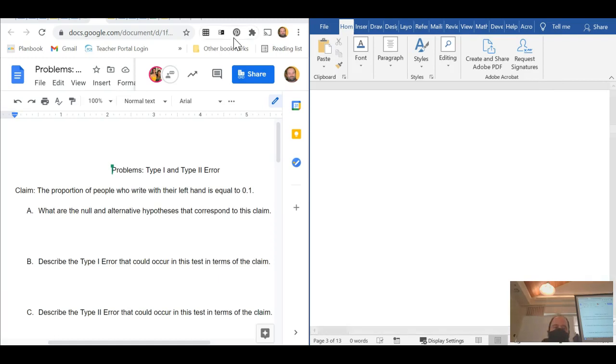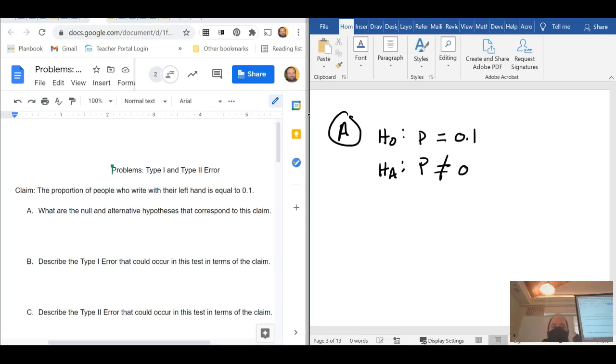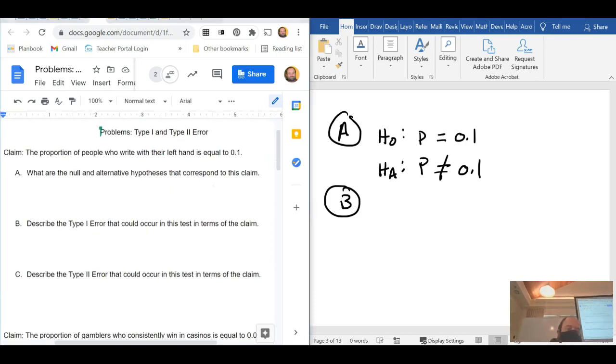This is very familiar. Write the null hypothesis, write the alternate. This is a claim about the proportion, so it's a p, and it is equal to 0.1, so we're going to make the alternate not equal to 0.1. That's what we've always been doing.